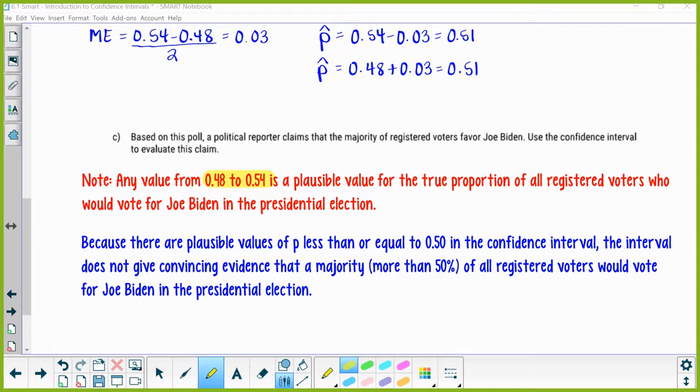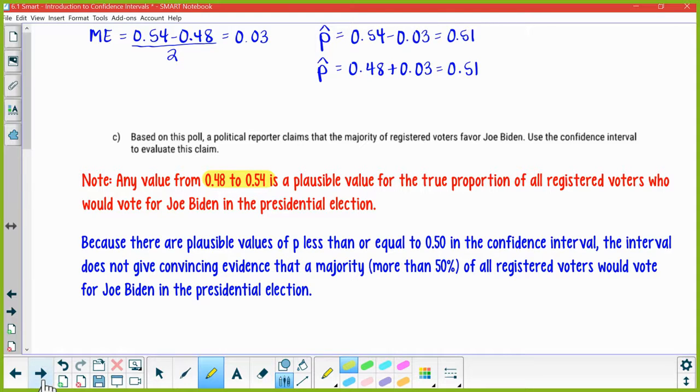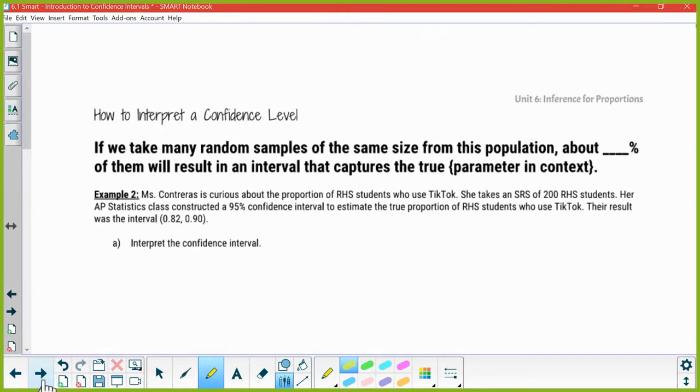Okay, so now we are going to get into a little bit more on confidence levels. This is the rarer of the two questions that you get asked. Most of the time, they are asking you to interpret a confidence interval, but sometimes they like to switch things up and ask you to interpret a confidence level.